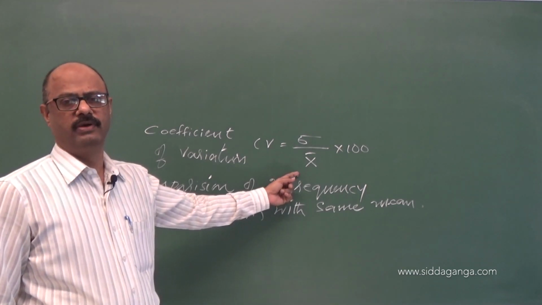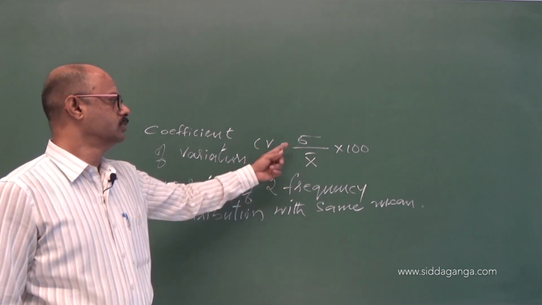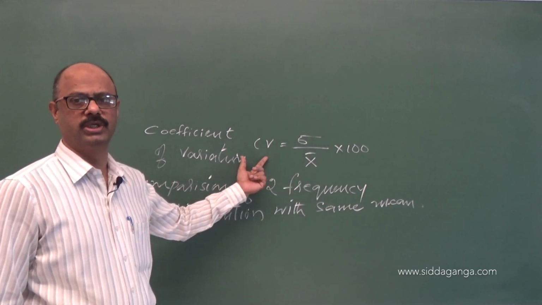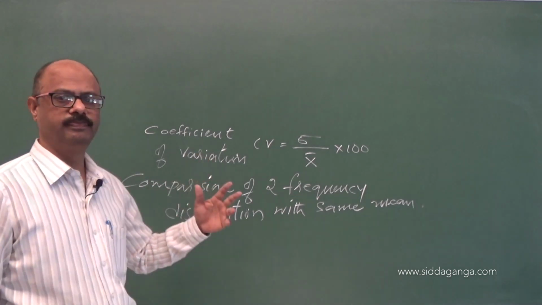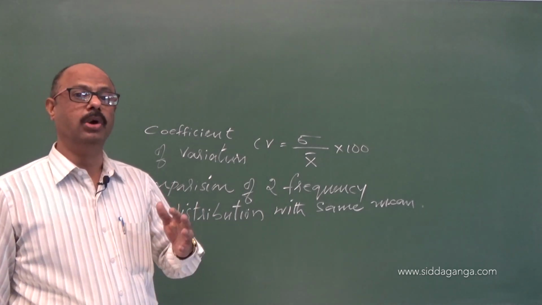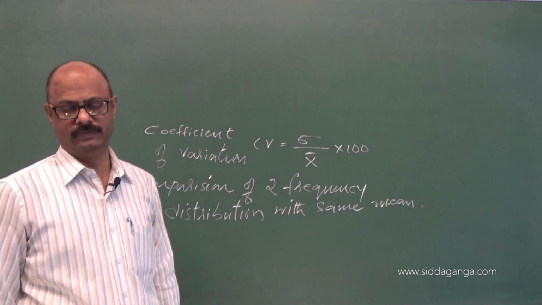Usually for your syllabus, they have equal means. So, sigma divided by x bar into 100, we will get one coefficient of variation and another coefficient of variation. The greatest coefficient of variation we call as more variable, and we will conclude.